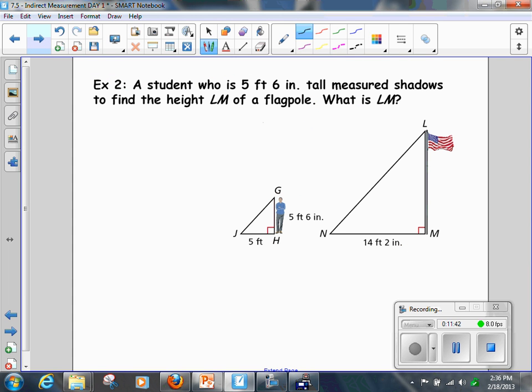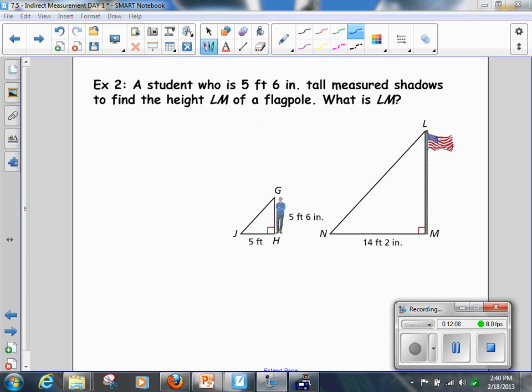Let's try this one. Do this one yourself. All right, here we go. If you see 5 feet 6 inches, then you need to convert every measurement to inches.